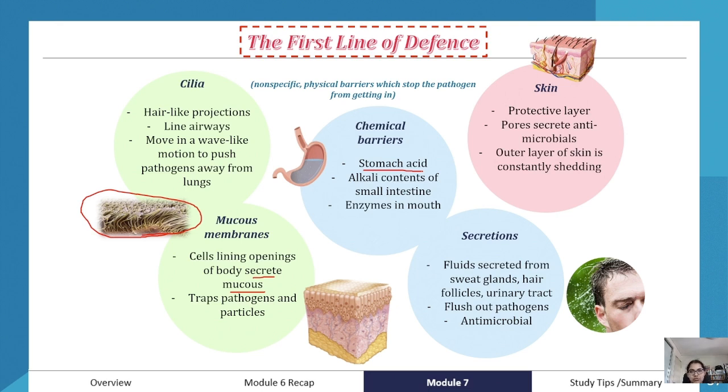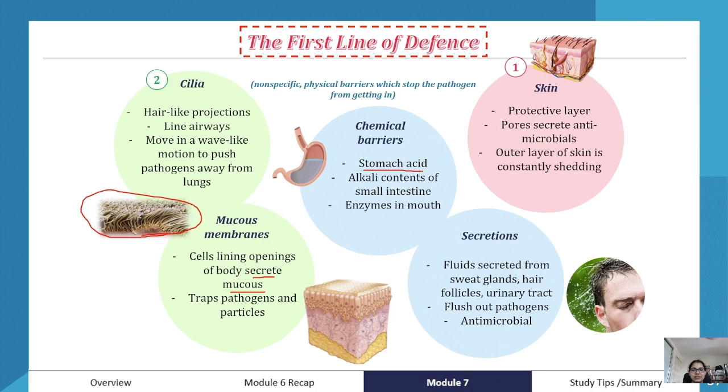The pores in our skin secrete antimicrobials, and the outer layer of skin is constantly shedding as well. That is so that we are getting rid of any pathogens that are on there, and obviously our cells need to grow.